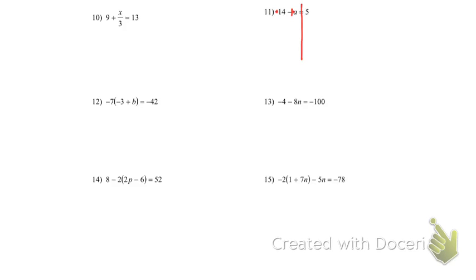So the opposite of addition is subtraction. So we get negative 1 times A equals negative 9. And now we're going to divide both sides by negative 1. And A is going to equal positive 9.